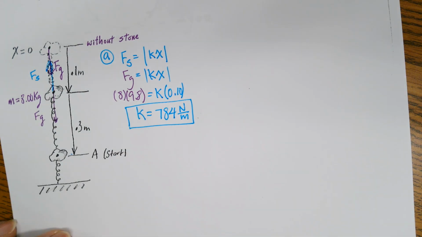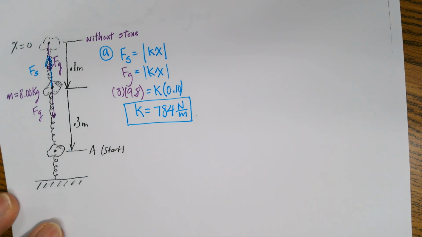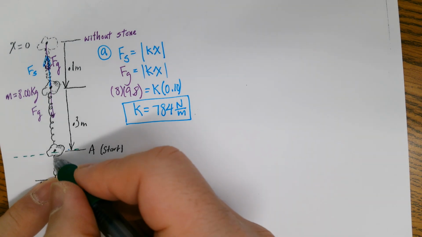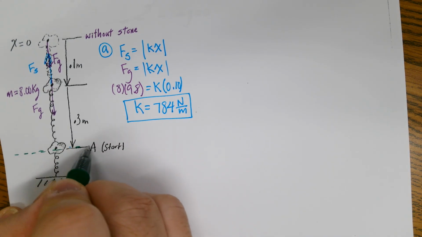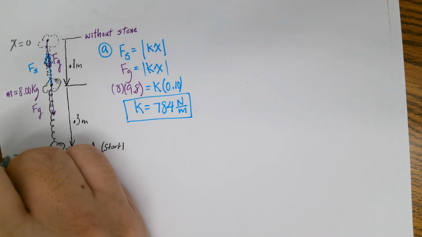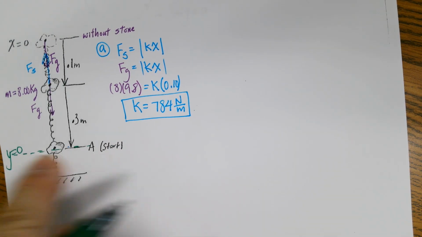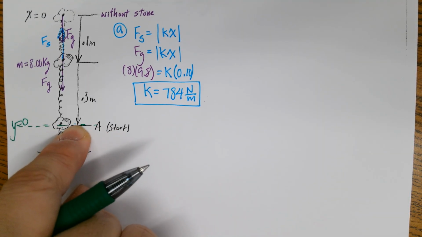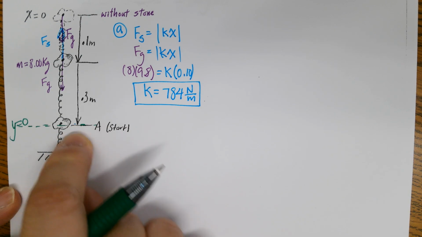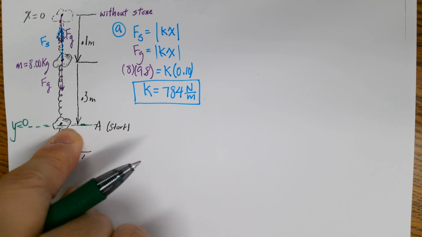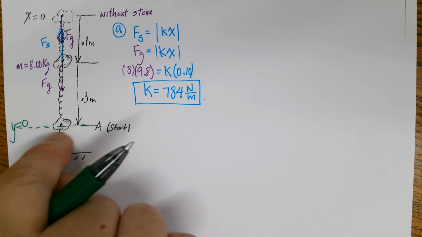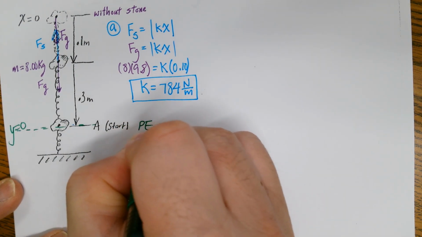If we consider this to be our zero, instead of here, because we don't know what the length of the spring is, it's probably easier if we make y equal to 0 here. So gravitational potential energy at this point is 0. Kinetic energy here is 0, because it's not moving; it's compressed and not released yet. The only energy I possess at this point is the potential energy of the spring.